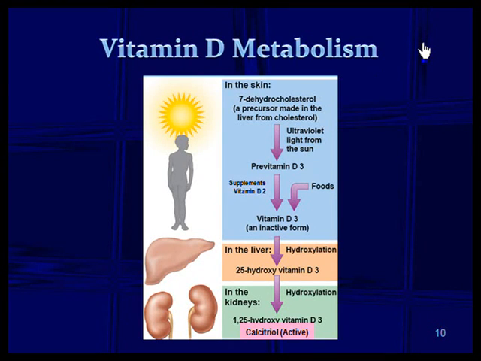Let us now look at the metabolism of vitamin D and how it is related to our calcium metabolism. We have two sources of vitamin D, the dietary source and the vitamin D that is manufactured through the action of sunlight on our skin. 7-dehydrocholesterol is a precursor made in the liver from cholesterol, and by the action of ultraviolet light from the sun which falls on the skin, it is converted into pre-vitamin D3.